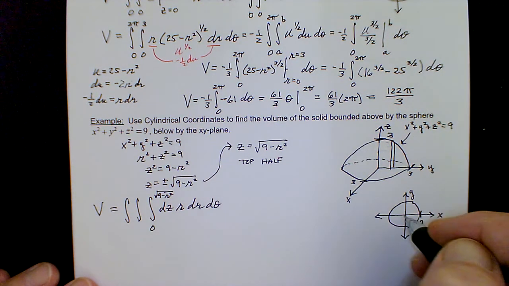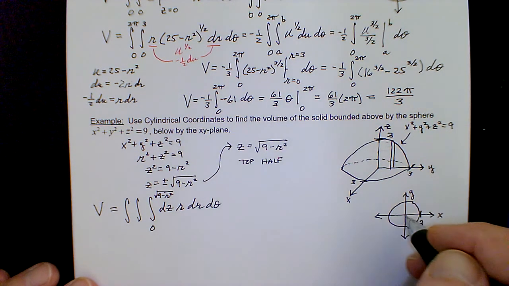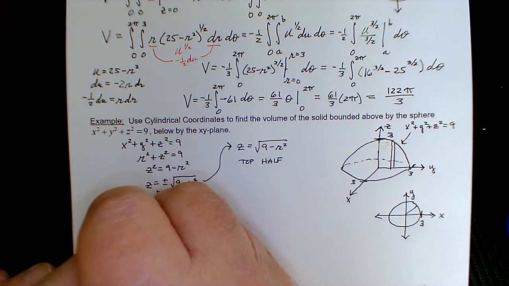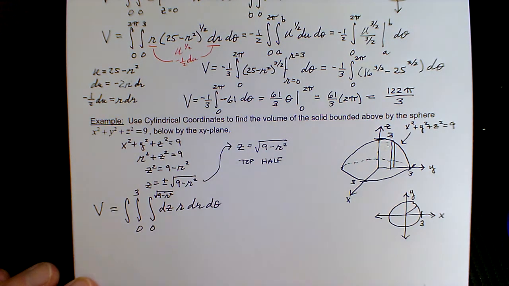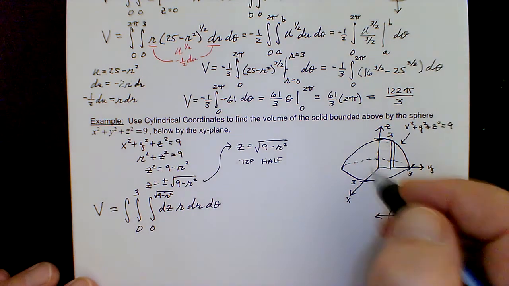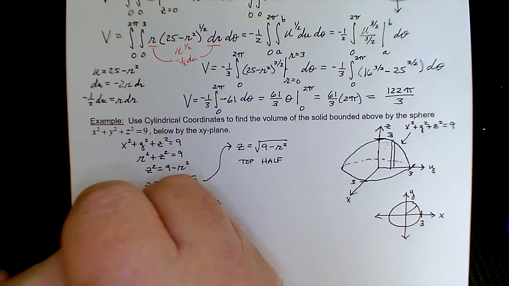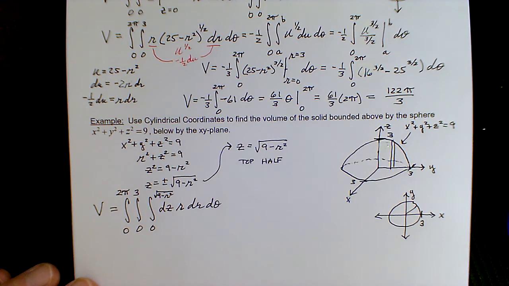R is ranging from 0 to 3 again. You can look at the xy plane if you like. R goes from 0 to 3. And looks like x is spinning all the way around again. All the way around the z-axis. So 0 to 2 pi.